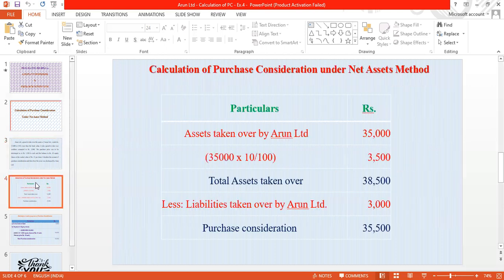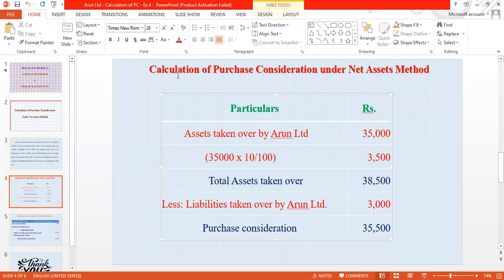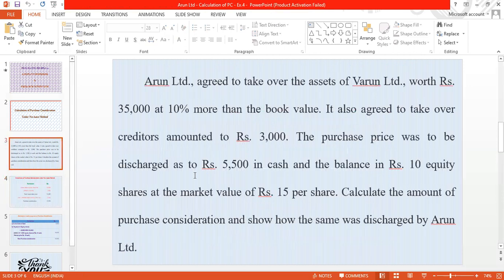We can move to the calculation of purchase consideration. Just write the heading, calculation of purchase consideration under net asset method. Put two columns, particulars and the amount column. Next, we can move to the question.